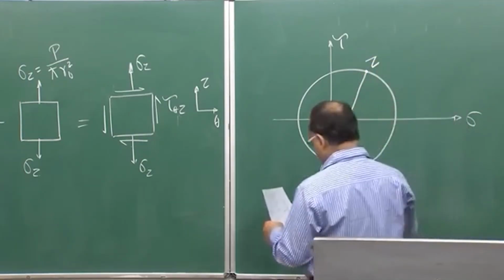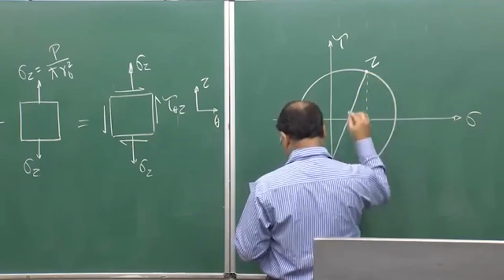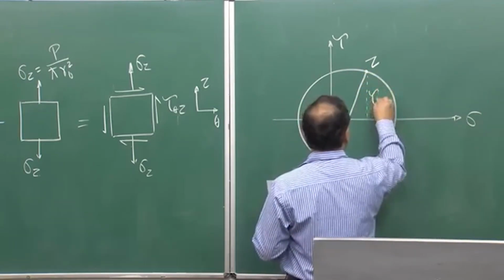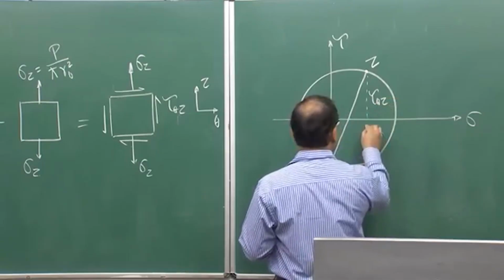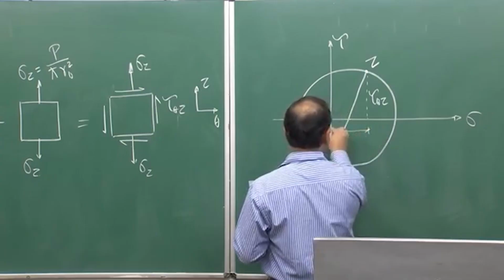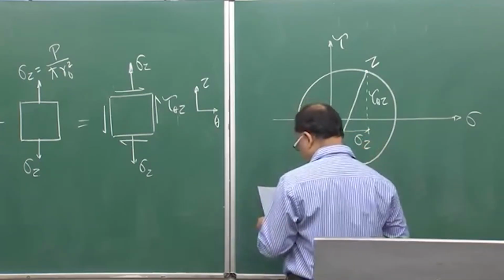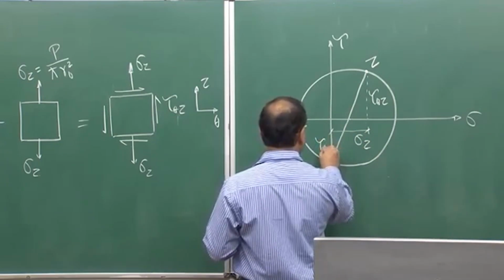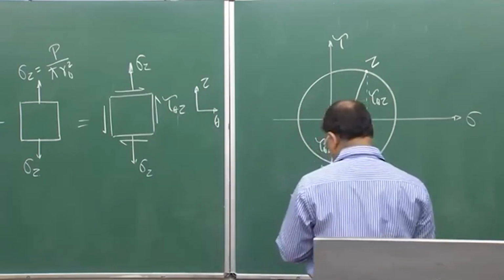Okay. So, this is your tau theta z, this is your sigma z. Okay. This is also tau theta z. Okay.